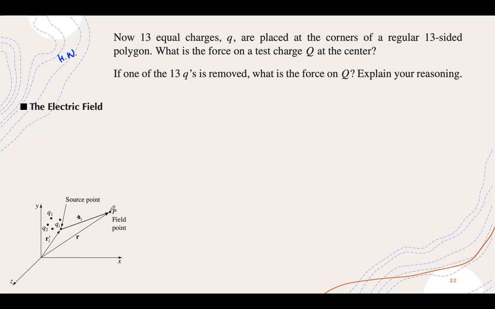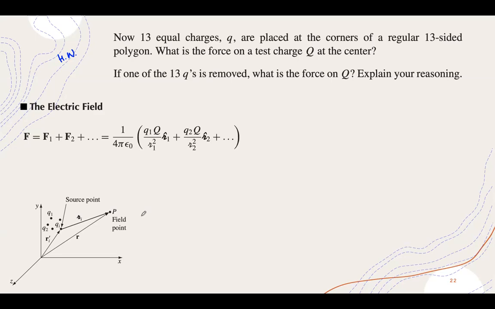Now you see, this is a field point, this is not a test charge. From the previous slides, we saw that we always put a test charge here, but now there is no test charge. I just want to calculate what the field strength could be at some point P. And this point could be anything, here, here, wherever I want to calculate.